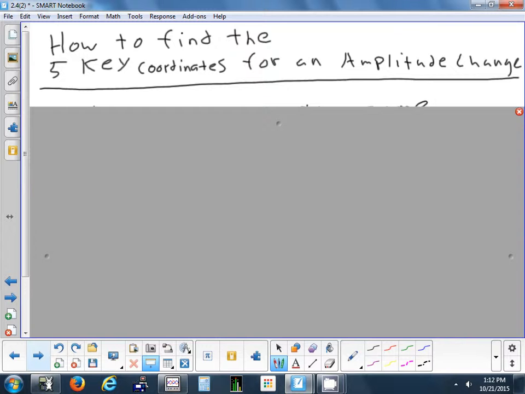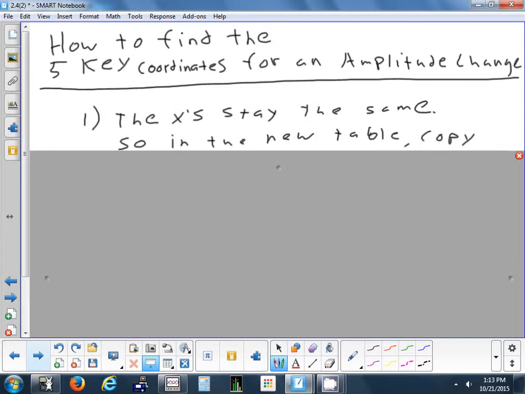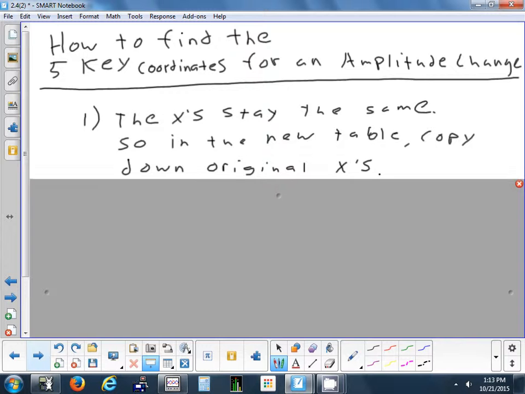So what values are going to stay the same? X's. So when you stretch something vertically, you're changing it on the y-axis. You're not stretching it left and right. We're stretching it up and down. So the Y's are going to change. X's stay the same.